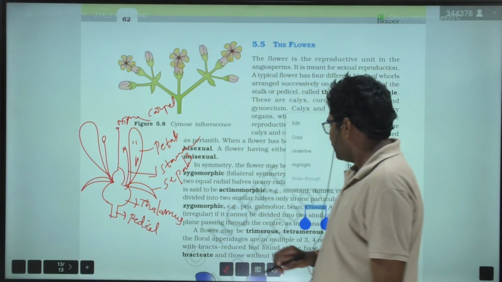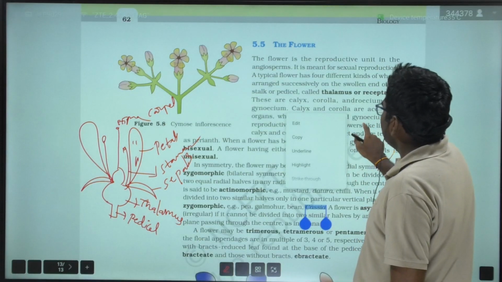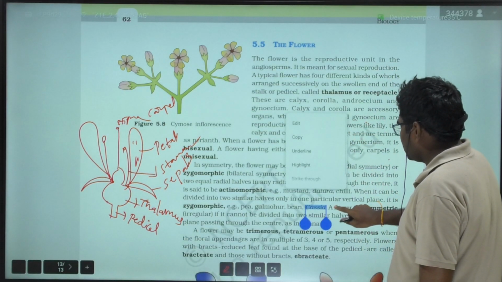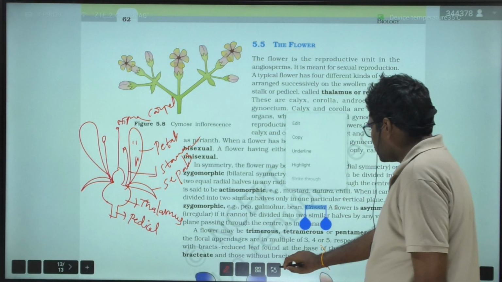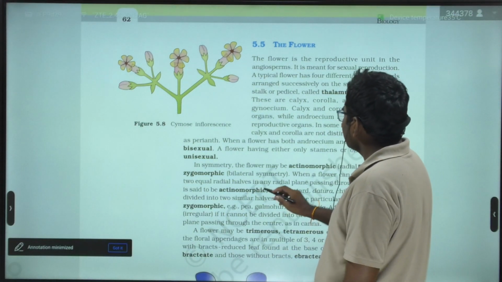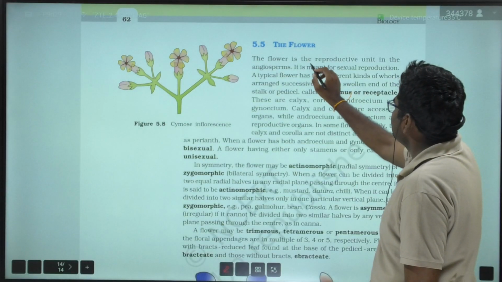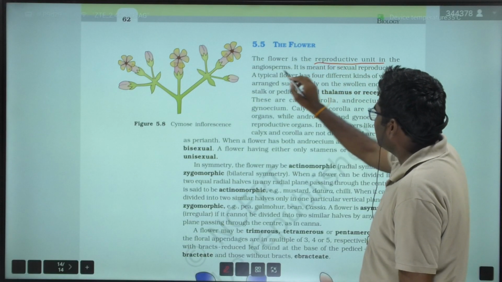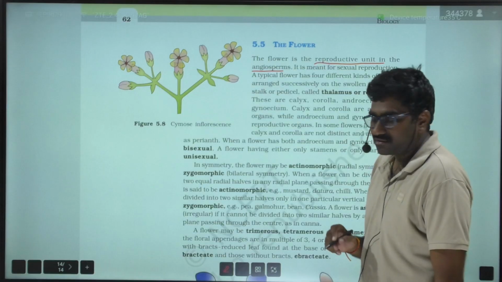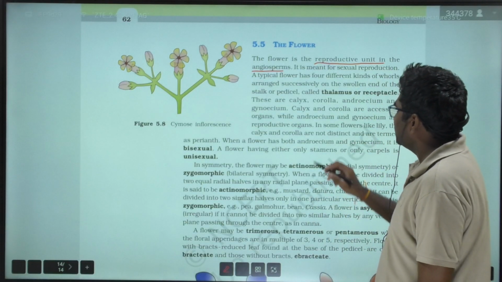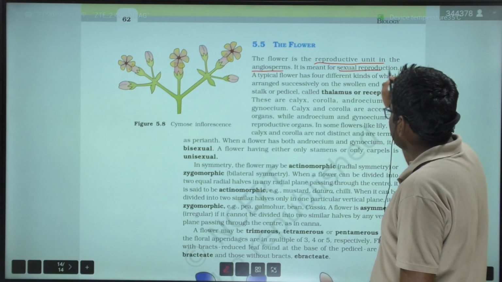The flower is a reproductive unit in the angiosperms. It is meant for sexual reproduction.